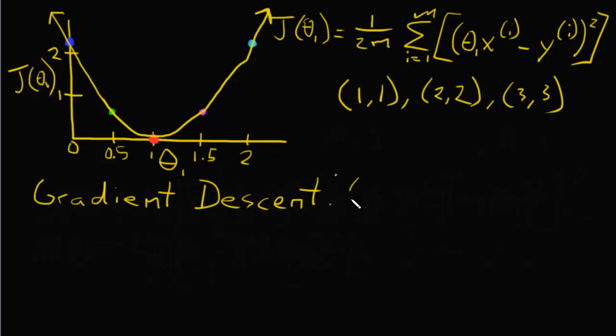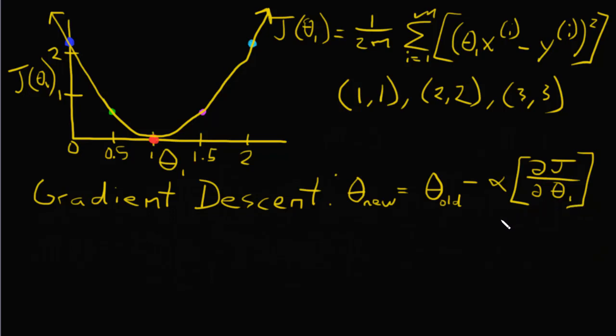My new theta value is equal to the old theta value minus alpha times the partial derivative of the cost function with respect to theta 1. Okay, that is the gradient descent algorithm. What I haven't defined yet is this alpha.